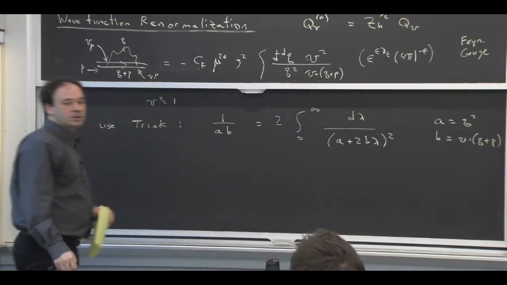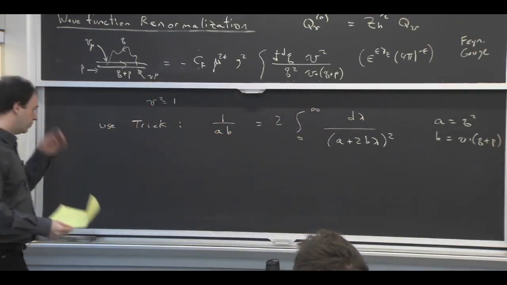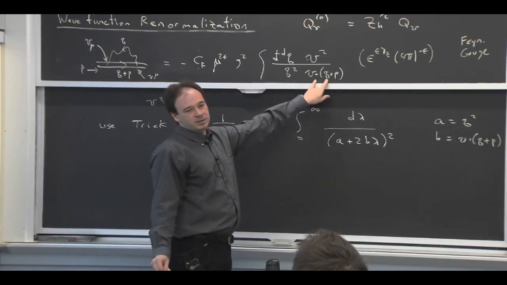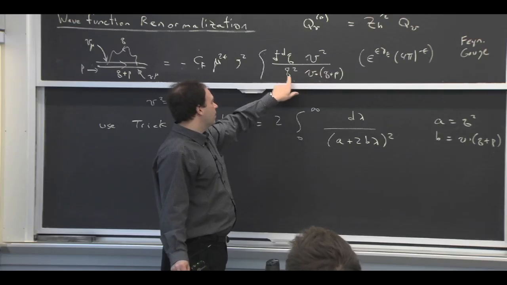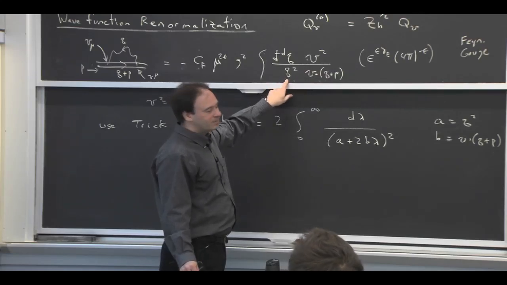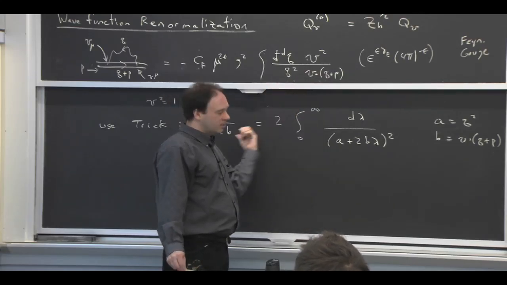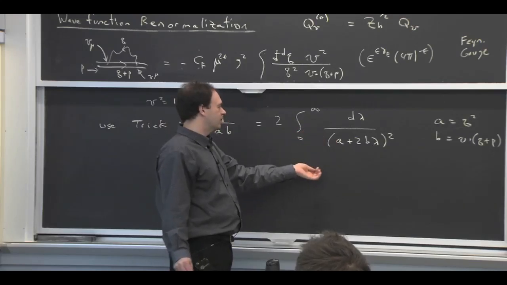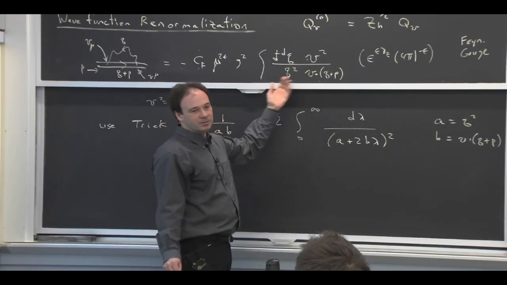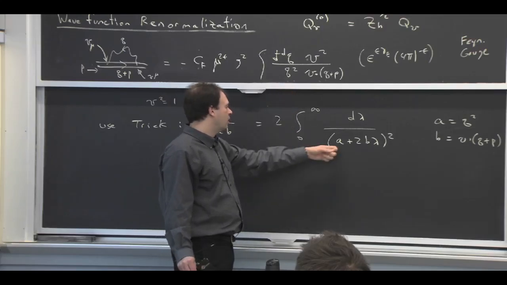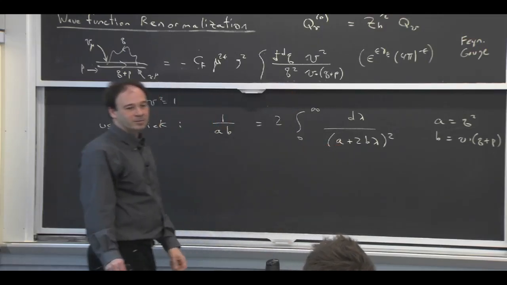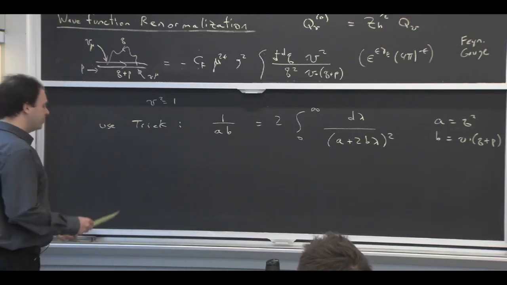The reason that you want to use this trick rather than the usual one is that if you use the usual one, you'd get an x multiplying this and a 1 minus x multiplying that. But then you would have an x multiplying the q squared. When you want to complete the square, you'd like nothing to multiply the q squared. You'd like the q squared just to be bare by itself with no Feynman parameter multiplying it. And this trick does that because a has no Feynman parameter multiplying it, or Georgi parameter in this case.